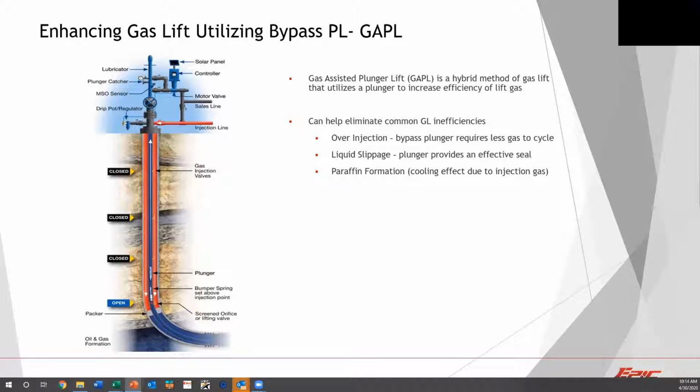Since the plunger improves the overall flow of the well, it greatly reduces the chance of the formation of the paraffin. And this is the initial reason why people started to run plungers in gas lift wells to begin with, to help reduce that paraffin in the upper section of the tubing. And so we would run the plunger just to be able to reduce that formation.